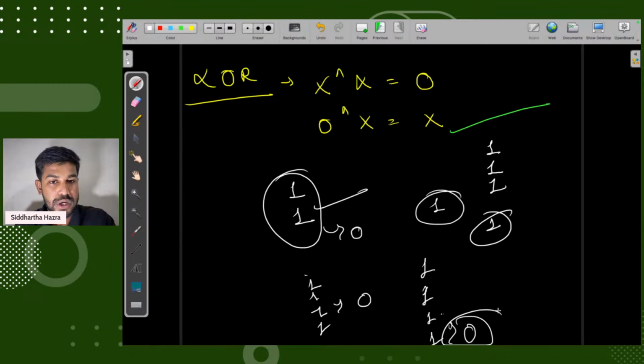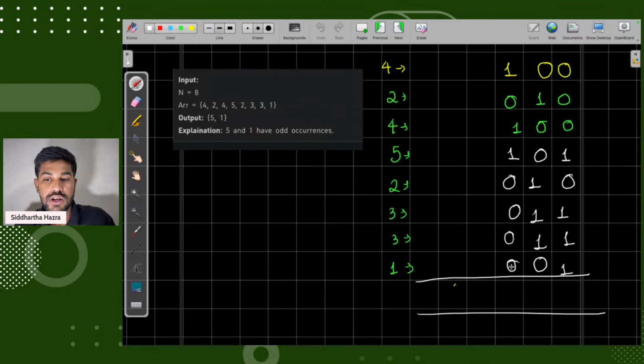Now, if you know this property of XOR, this becomes intuitive because we are only handling the case of even and odd. We just need to segregate that. Now we know that the solution is driven by bit manipulation. But coming from the hash map to this bit approach, is the transition smooth or not?